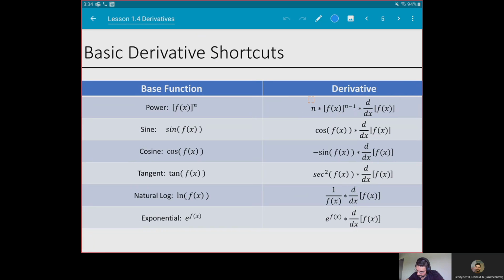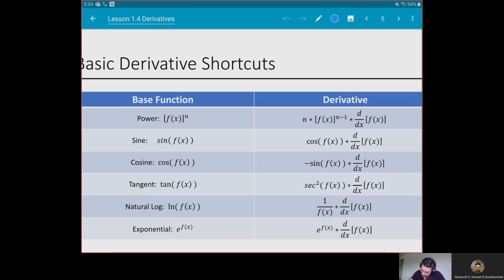I don't think I really have room, which is probably why I didn't add them the first time, but I do want to add that the derivative of just a number is always 0, and the derivative of a number times a letter is just the number. Okay, now if you have all of these memorized, you are in very good shape.